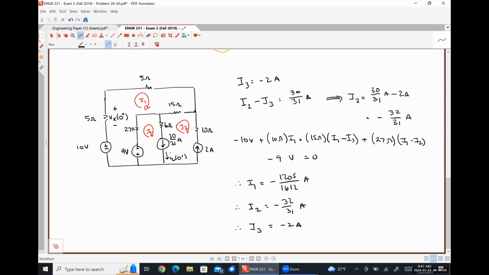So we already know what IL at 0 plus is, because IL at 0 plus must be IL at 0 minus, or 30 over 31 amps. So how would we solve for Vx at 0 plus? Yeah, the exact same way we did earlier: negative 5 ohms times I1.